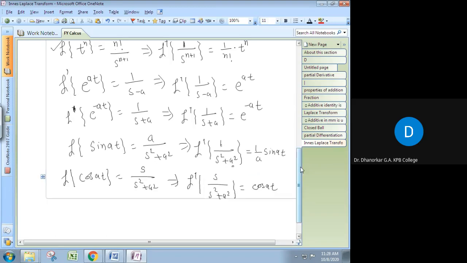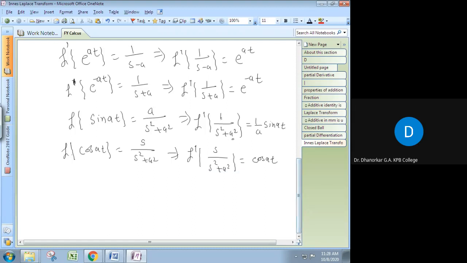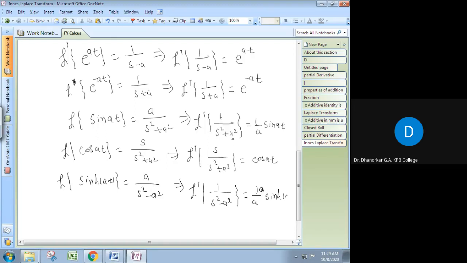Now for the hyperbolic functions: the Laplace transform of sine hyperbolic at is a divided by s square minus a square. Therefore, we can write L inverse of 1 divided by s square minus a square is equal to 1 divided by a into sine hyperbolic at.